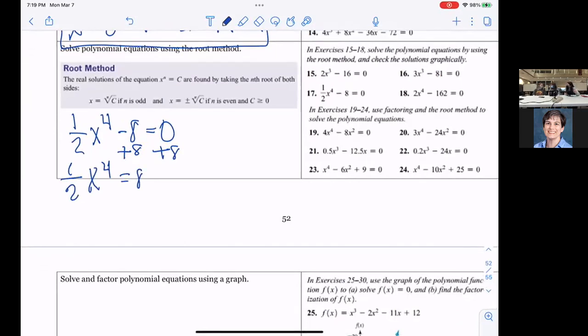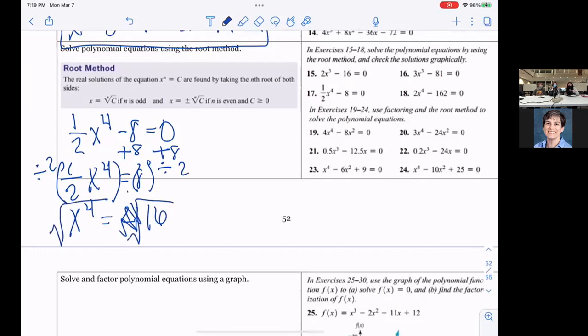Keep going. And then we'll divide by 2. Since it's a fraction, you'll do the opposite. And then you'll get x to the 4th equals 16. It's multiplied by 2, yeah.